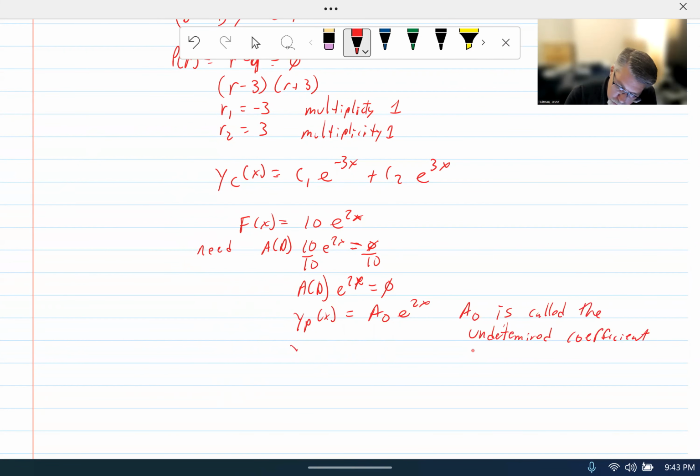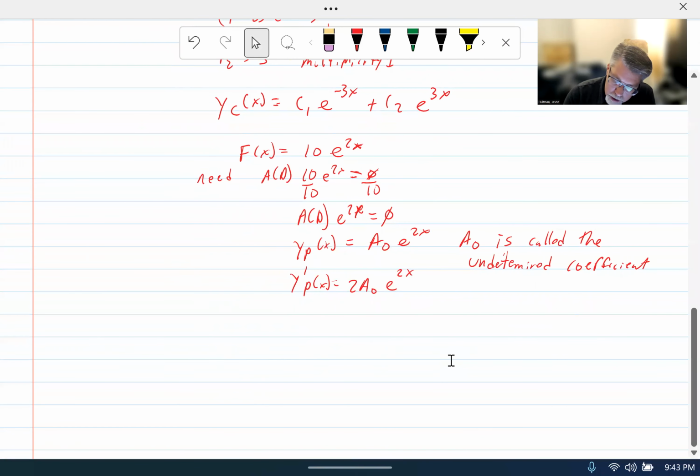Well, if we take yp prime of x, we get 2 a naught e to the 2x. And I can write this as a differential equation.